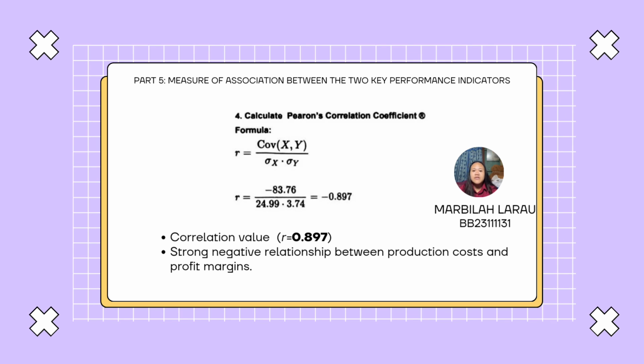There is a very strong negative relationship between production costs and profit margins. In conclusion, high production costs may lower operating efficiency or increase the fixed cost burden, resulting in smaller profit margins.